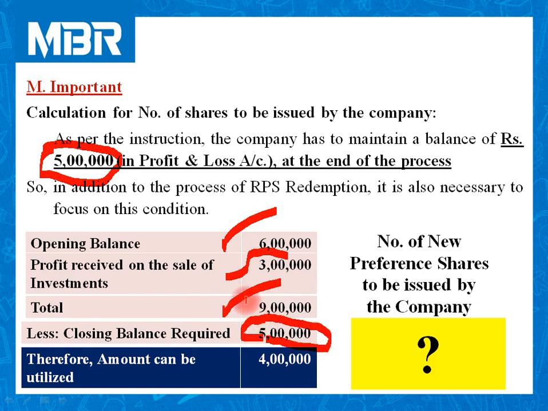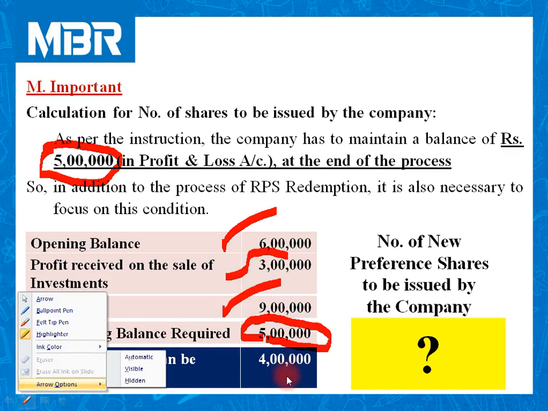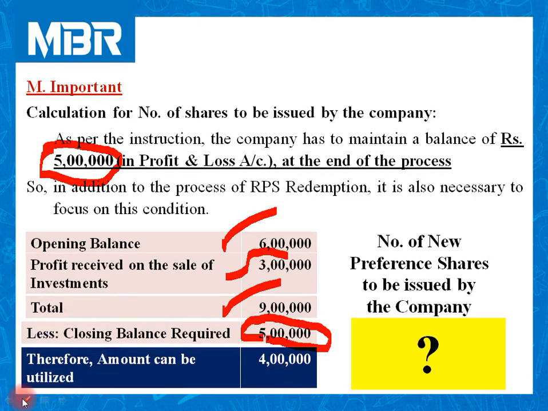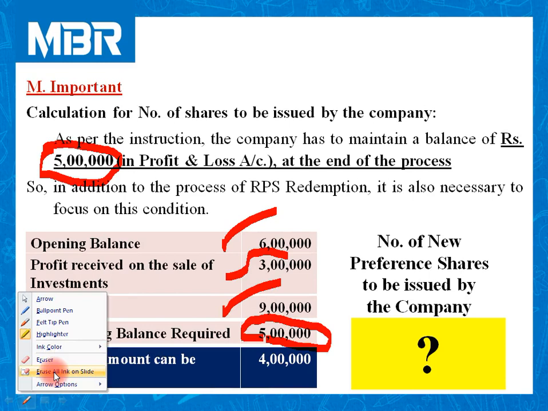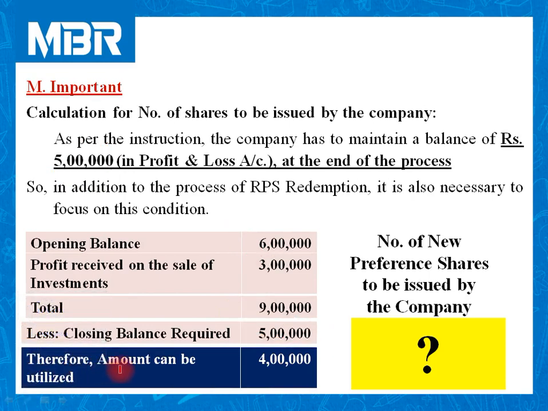It means, out of 9 lakhs, if you keep 5 lakhs with you, you can utilize the remaining balance of rupees 4 lakhs. हमारे पास 9 लाख रुपए हैं, हमें अपने पास 5 लाख रुपए रखने हैं। इसका सिंपल मतलब ये हुआ, हम प्रॉफिट एंड लॉस अकाउंट में से 4 लाख रुपए का इस्तेमाल कहीं पर भी कर सकते हैं। We can utilize these 4 lakhs anywhere as we required.